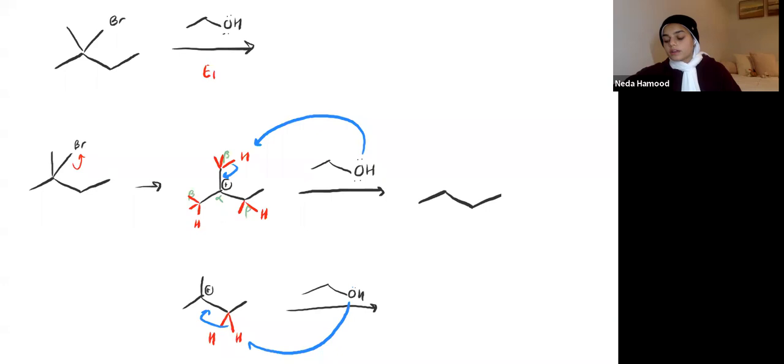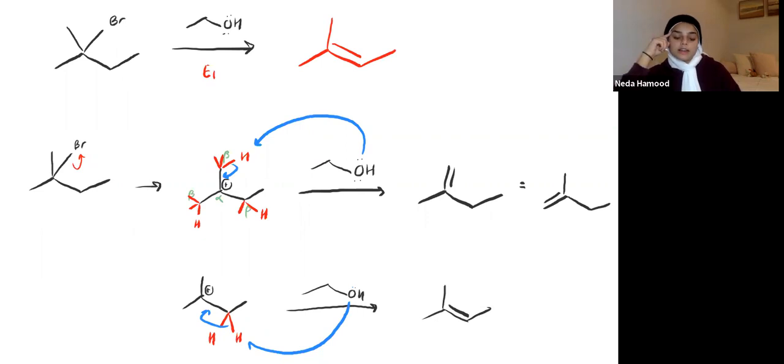From our first product we get this, and from our second product we get this. So which one is more substituted? The bottom one, yes. So our final product for this reaction is going to be this. Any questions on that?